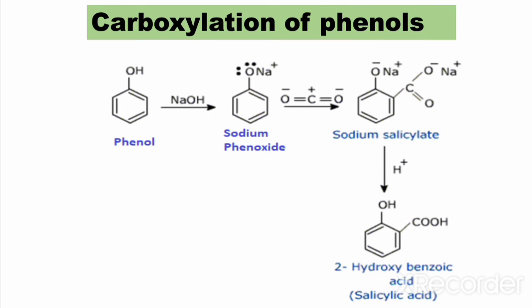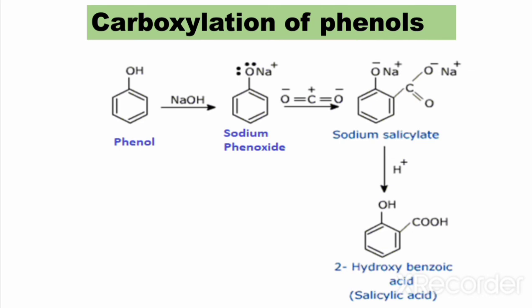So when the proton is added to this compound, the sodium ions, which are positive ions, will be replaced by hydrogen, which will form a bond with the oxygen that was attached to the sodium.